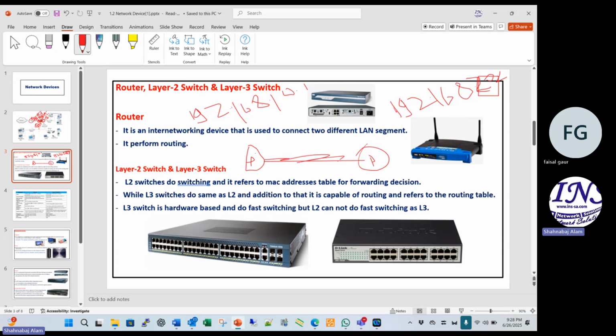The data will travel from the source to the destination. So it checks the source and destination MAC address here. If it is available, then we are able to transmit the data to the destination.